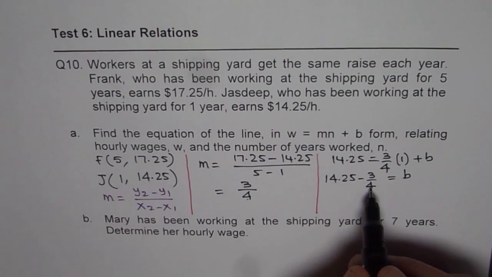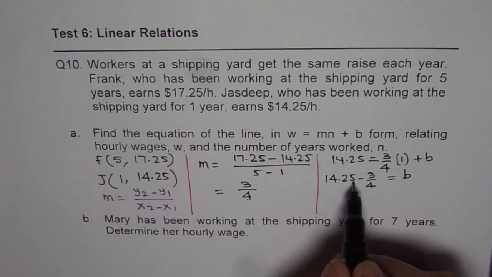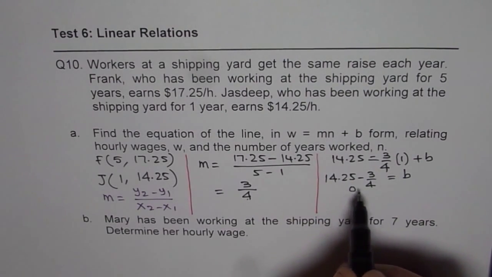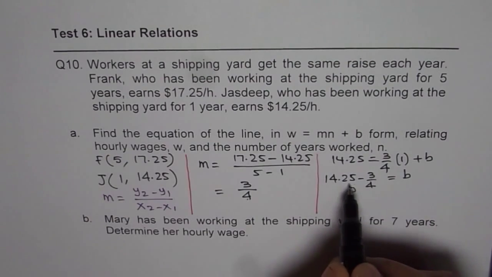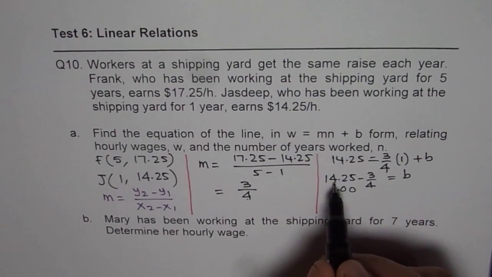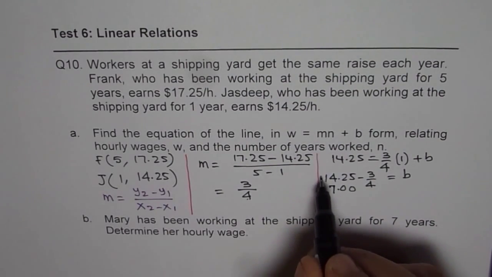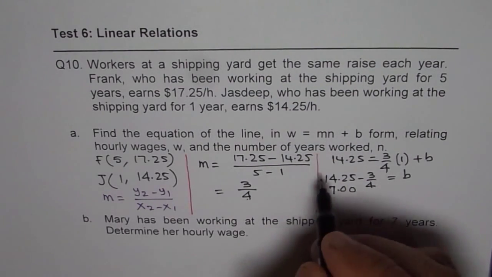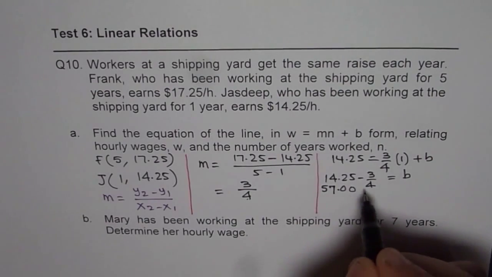That gives us 14.25 times 4. So 4 times 5 is 20, 4 times 2 is 8 plus 2, 10, 4 times 4 is 16 and 1, 17, so that is 57.